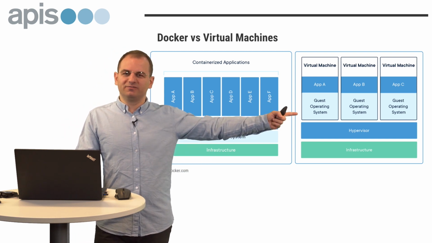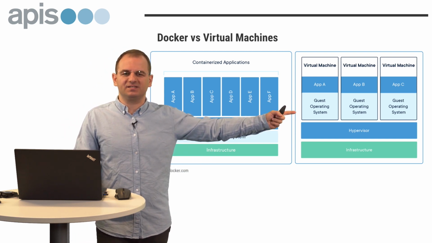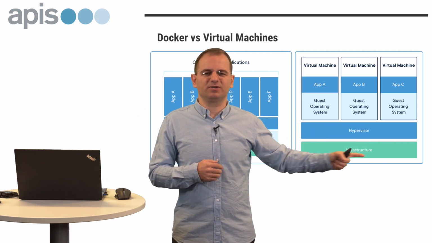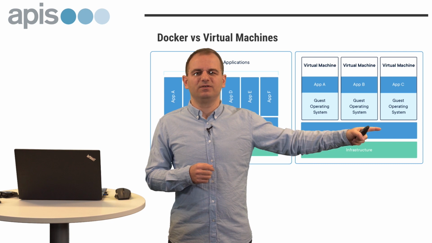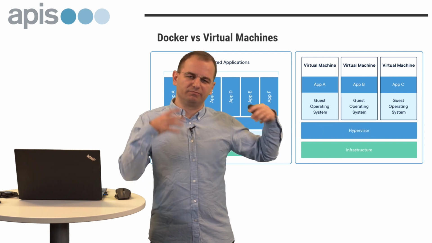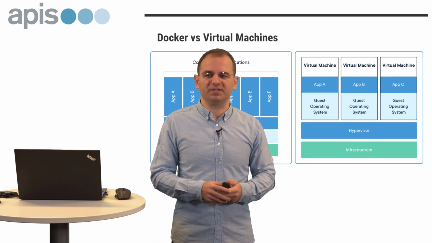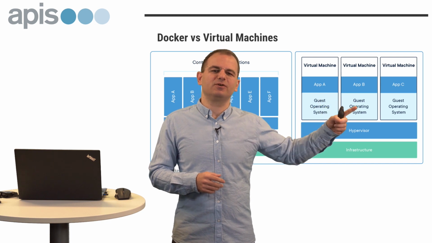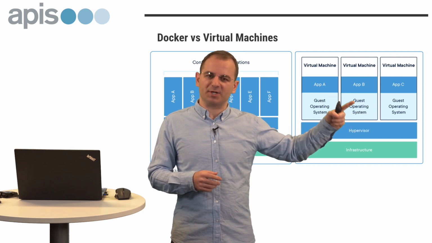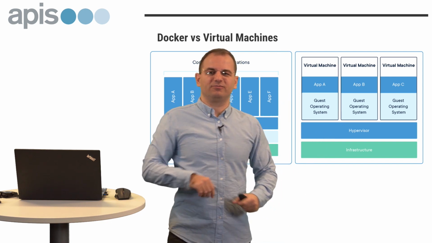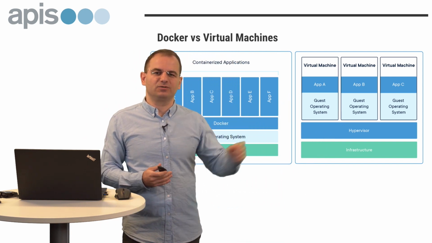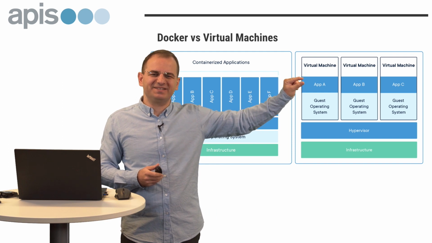It is possible with a virtual machine, but as I said, on a virtual machine you have your infrastructure, so this is the physical server, then you have your hypervisor or a full operating system, and then for each of your machines you have a separate operating system. So that's a big overhead there. You see, your application might be this tiny slit.